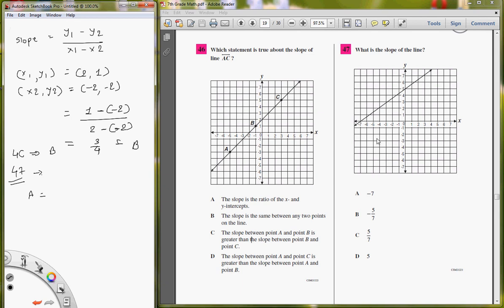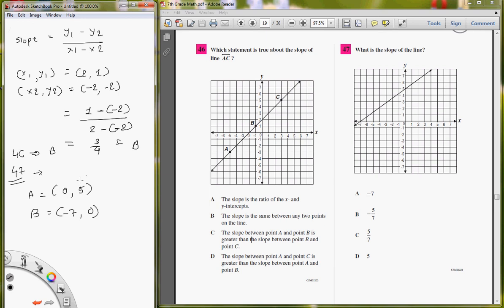So point A will be 0 and 5, and point B will be minus 7 and 0. Just to repeat, x is 0, y is equal to 5. I am picking this point as A and this point as B, and I just use this formula.